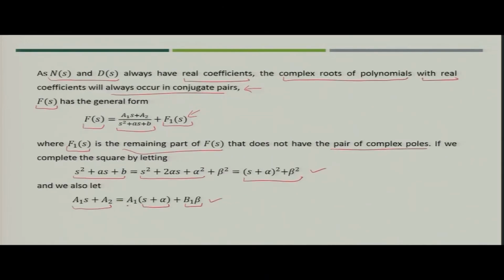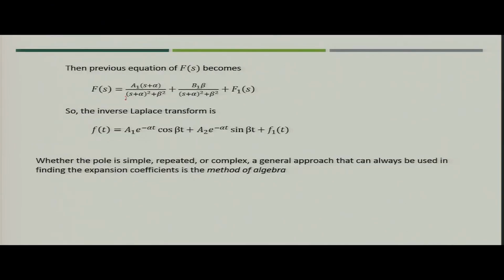So, this is what you got in the numerator, and in the denominator we have (s plus alpha) square plus beta square. If you rearrange, the expression is a1 (s plus alpha) upon (s plus alpha) square plus beta square, plus b1 beta upon (s plus alpha) square plus beta square, and then the rest of the terms which do not have complex poles.